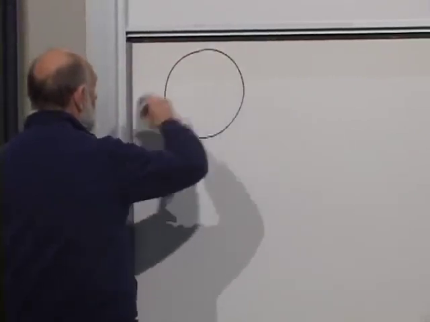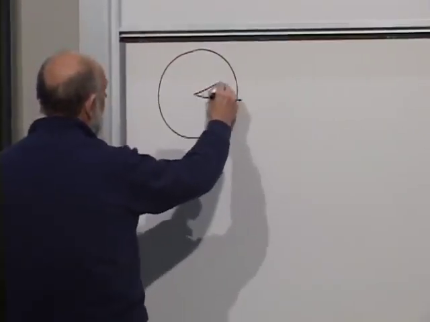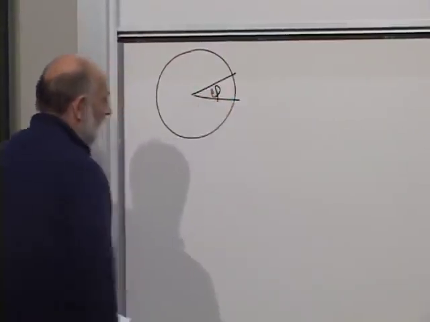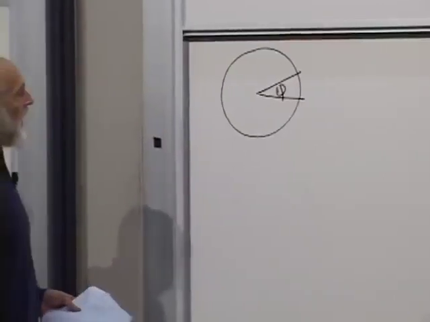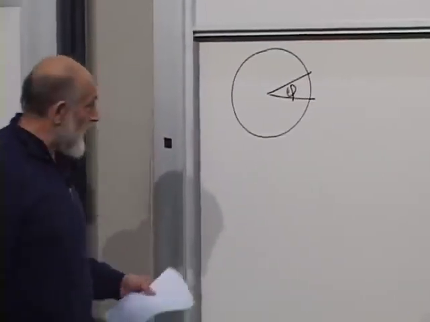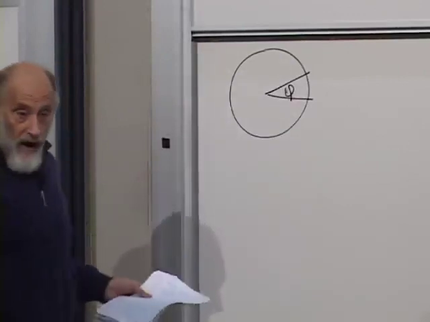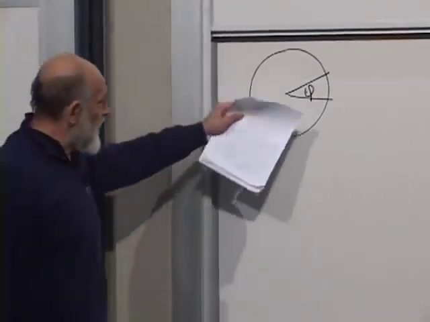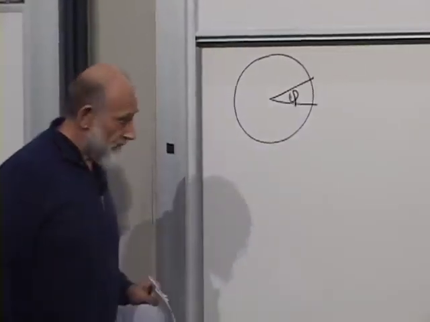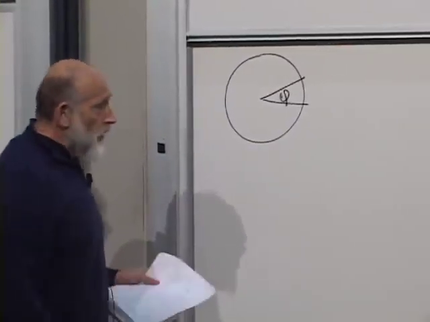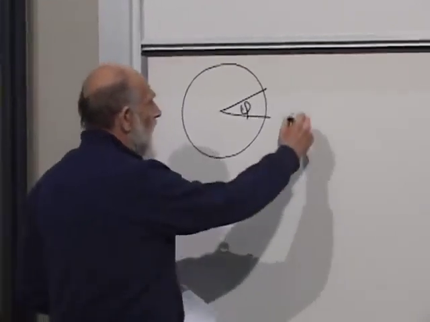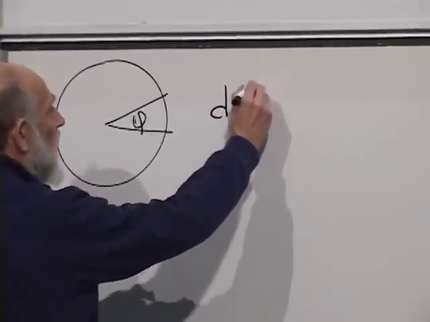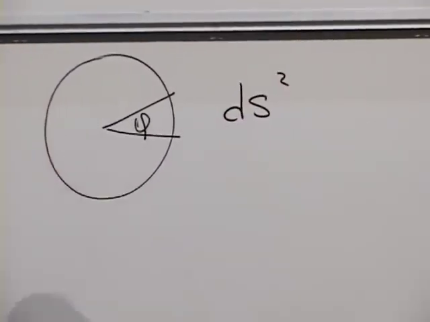If I take a unit one sphere, I could describe the points along that one sphere by an angle phi. Now phi goes from 0 to 2 pi. If it's a unit one sphere, we could write a metric, and the metric would be very simple.